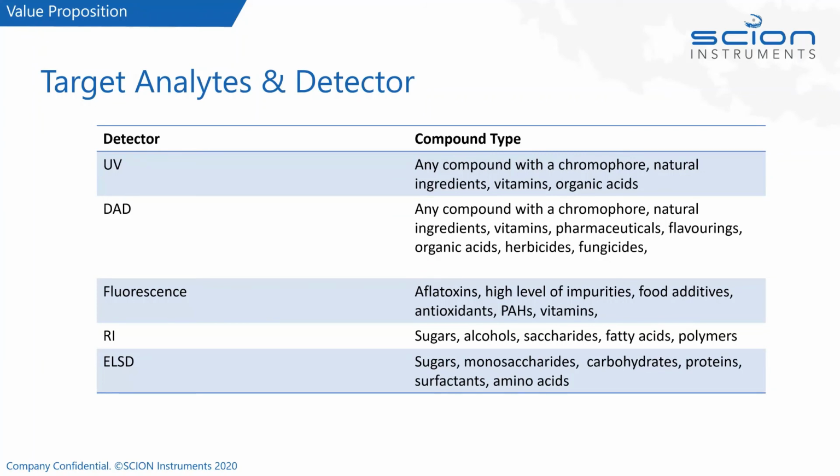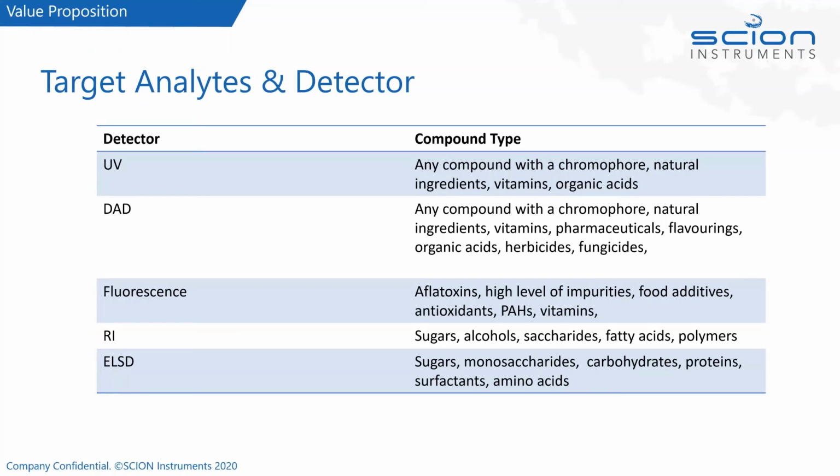Here's just an overview of the different compounds that we would use and how to select the detector based upon those compounds. So for UV and diode array, anything that contains a chromophore, which will allow it to absorb the light, can be used. So anything naturally occurring is perfect for UV or diode array. Fluorescence is especially for the polyaromatic hydrocarbon market, aflatoxins in foods and vitamins, where they have very specific excitation and emission wavelengths.